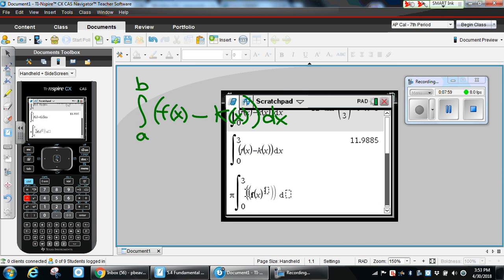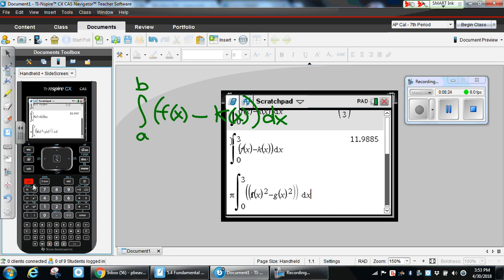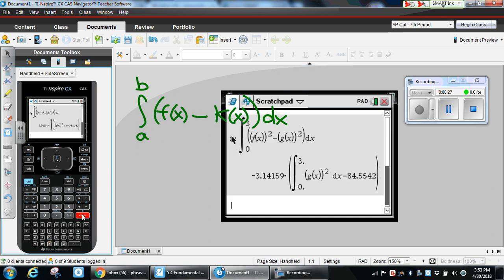Good luck. What do you get? Oh, Control Enter.